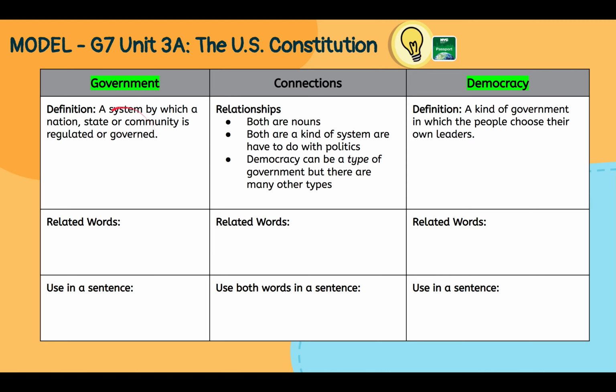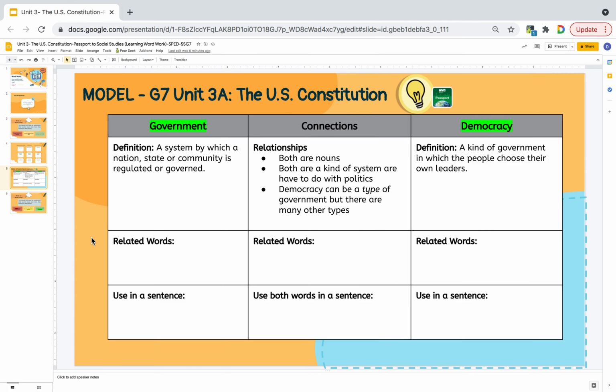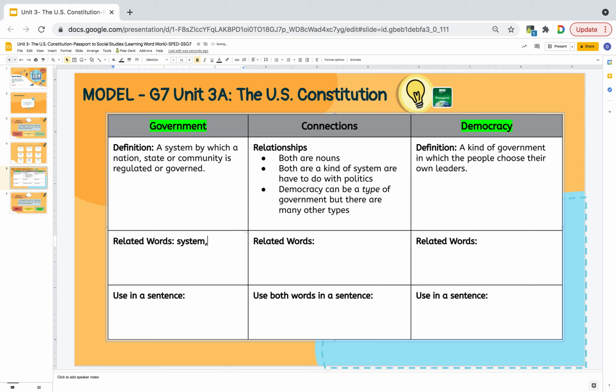I'm going to work with my first word here to find the related words. By related words, I mean any words that I can think of when I think about government, even if they are synonyms. So when I think about government, I think about a system, people, politics, country, power, and an organization or organized.